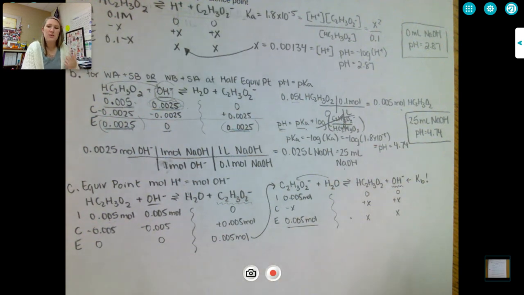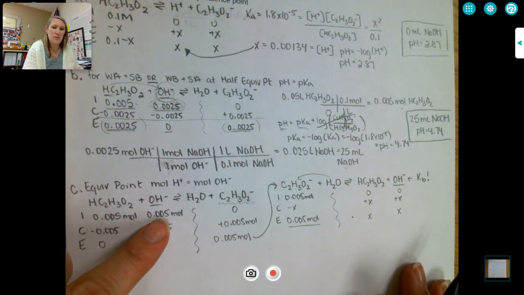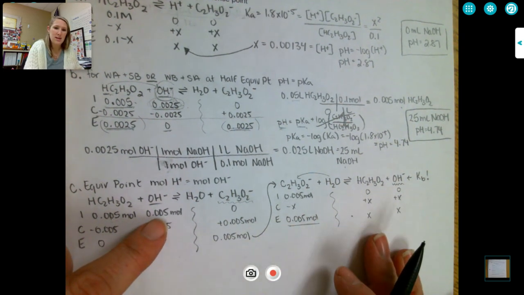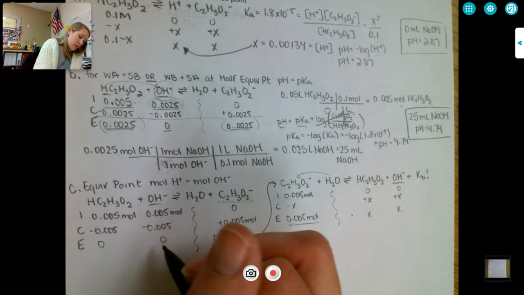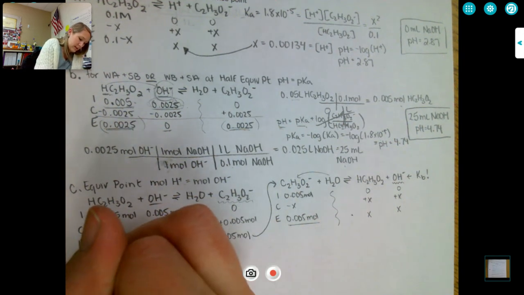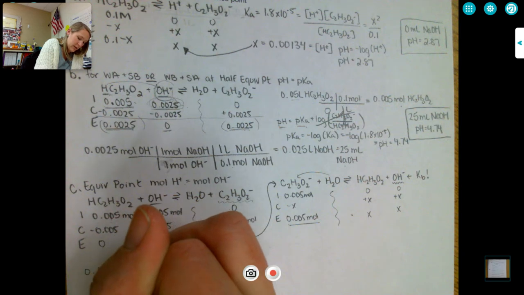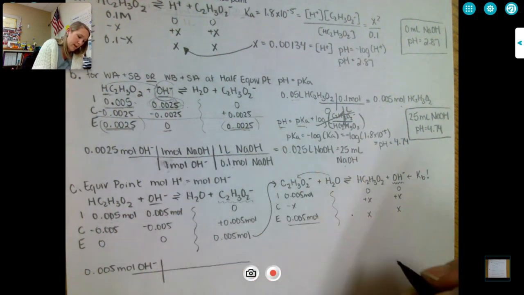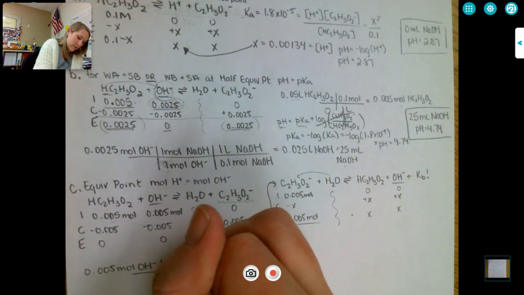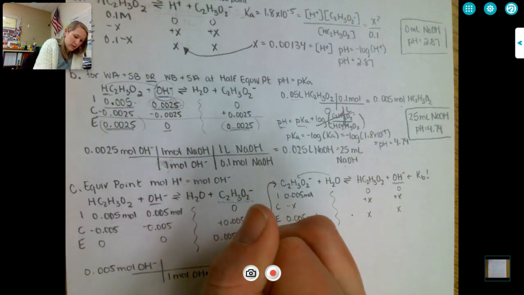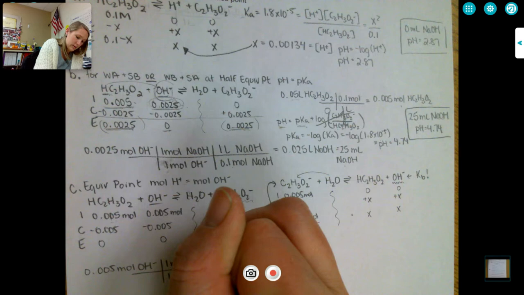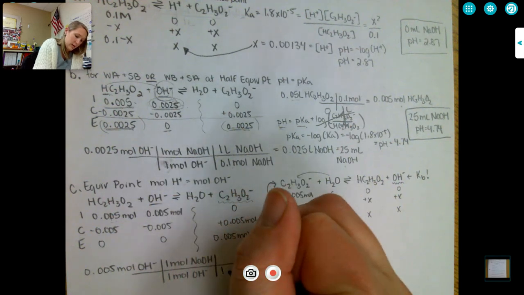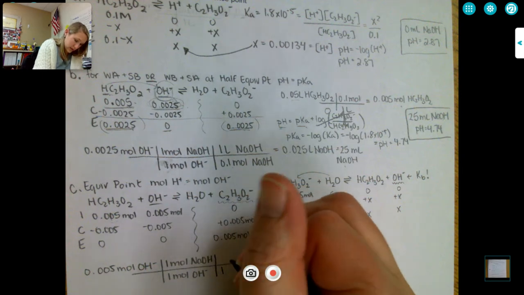So it means I need to know my volume of sodium hydroxide that I added to my solution to make this happen. So if I have 0.005 moles of hydroxide ions, and we know that for every 1 mole, I've done this a million times now. What do we got? 0.1 moles.